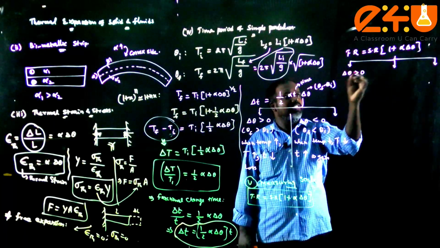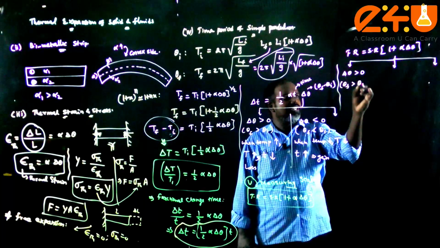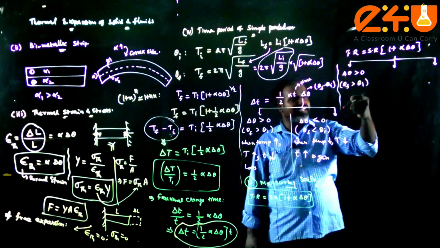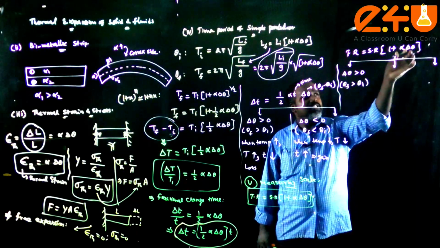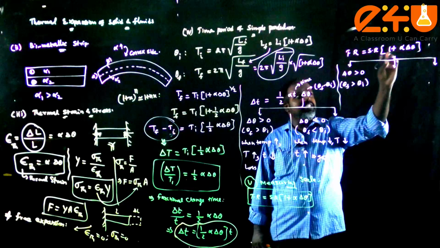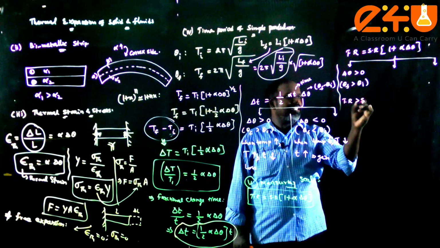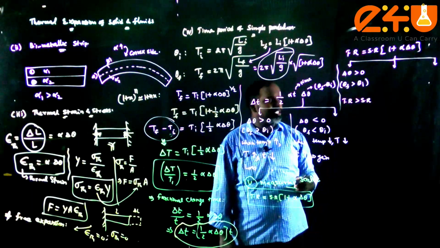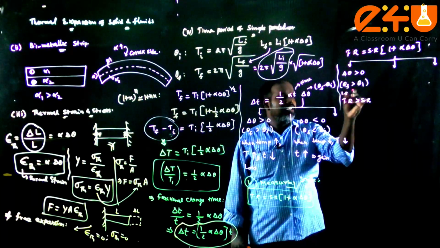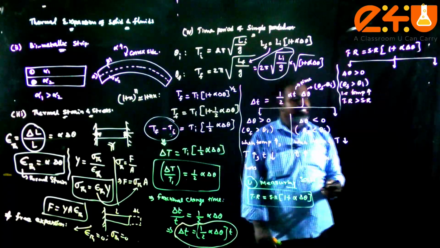If delta theta is greater than 0, that means final temperature is greater than initial temperature. That means when temperature increases, this term is positive, so something is added to the scale reading. Therefore the true reading is greater than the scale reading.